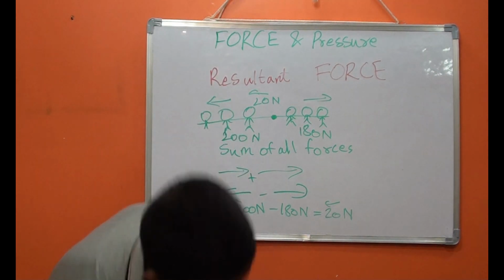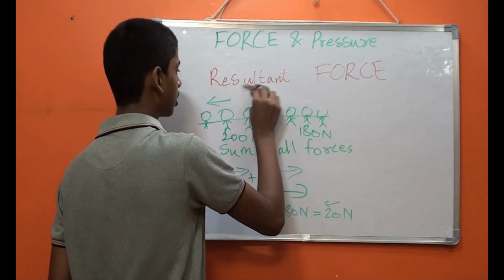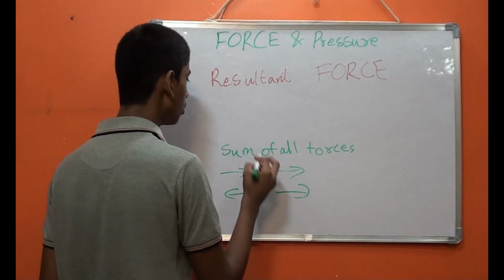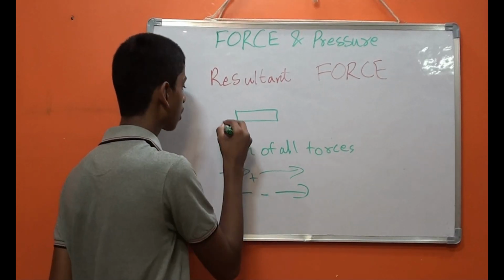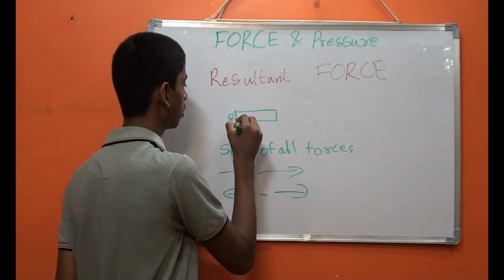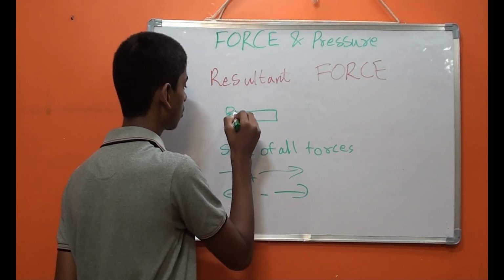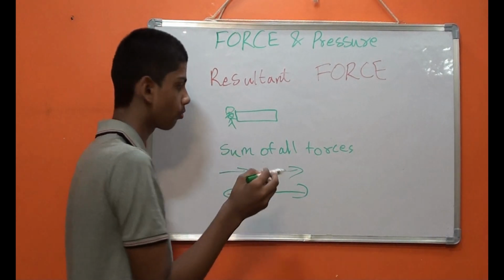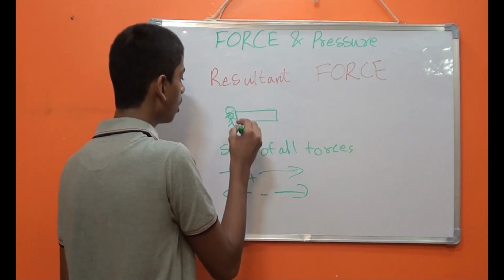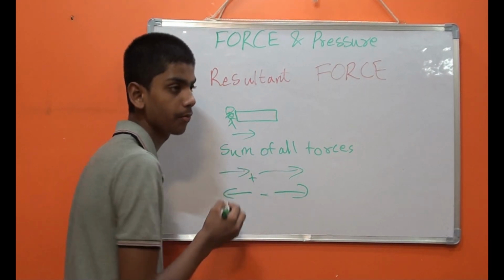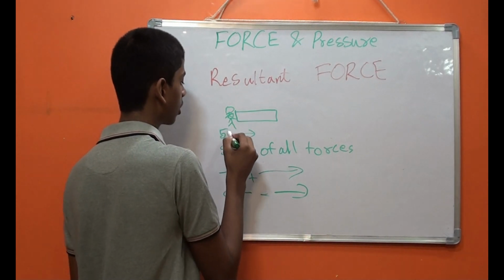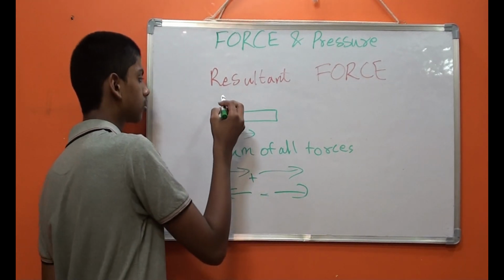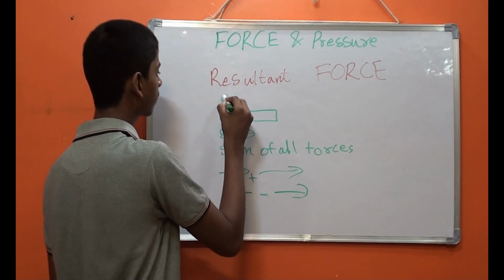Now let's see another case. You and your friend are pushing a box. This is your friend and this is you. Your friend is applying a force of 50 Newton and you are applying a force of 80 Newton.